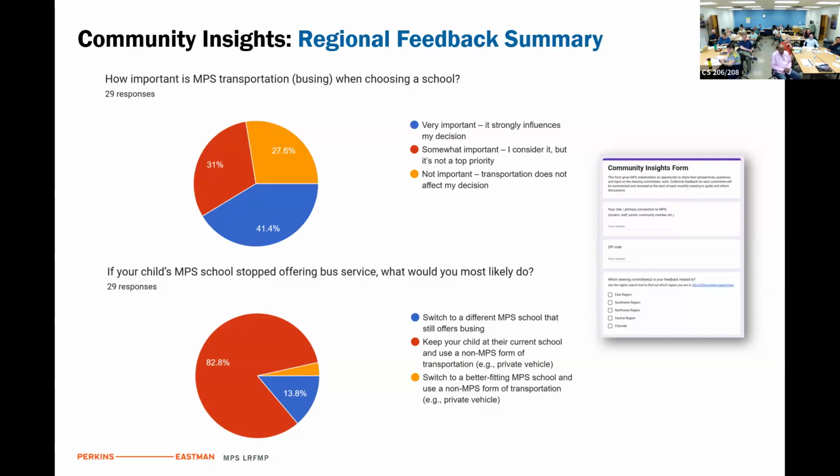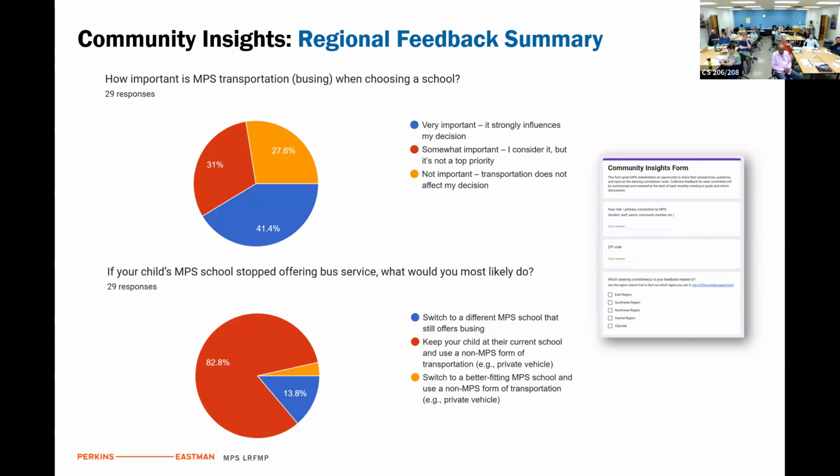This question was, hypothetically, if your child's school stopped offering bus service or MPS transportation, what would you most likely do? And the overwhelming response was that people would keep their child at the current school and find a non-MPS form of transportation to use.